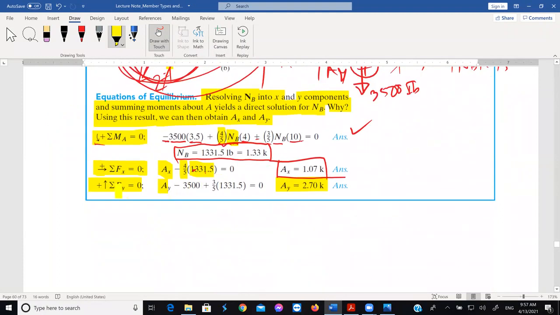So we assumed upward force to be positive, and you can just write the summation of these forces to determine the vertical reaction at A. So we get this reaction at A in the vertical direction, AY, as 2.7 kip.